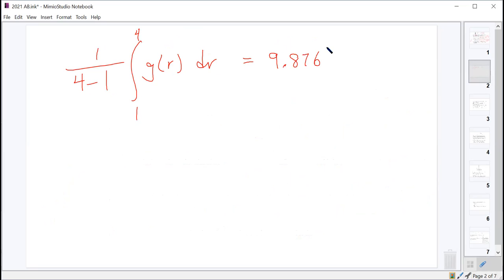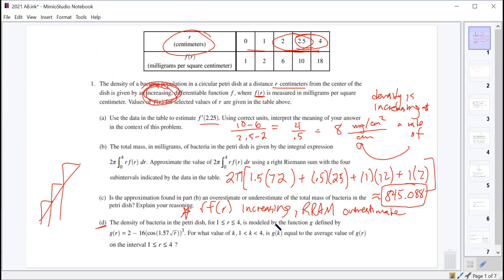Everybody agree with that? Leopold, you got 9.876? Okay, all right. So then we can just set that value, 9.876, equal to g of k.